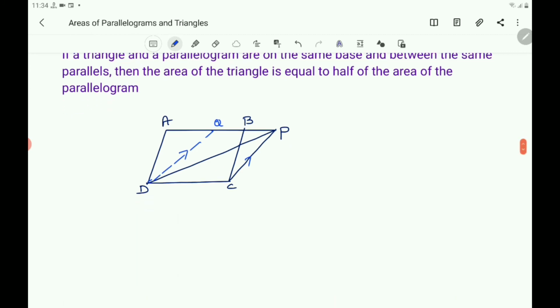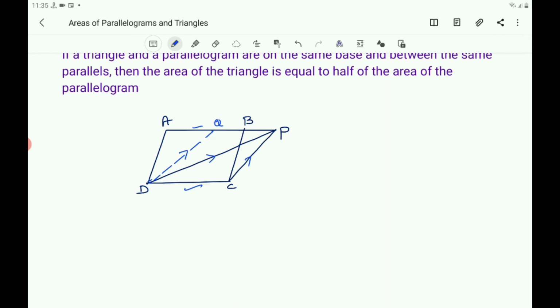Now if you draw DQ parallel to CP, you will get one more parallelogram DQPC. Parallelogram ABCD and parallelogram DQPC are on the same base DC and they are between the same parallels, AP parallel to DC. And here DP is a diagonal of the parallelogram QDCP.